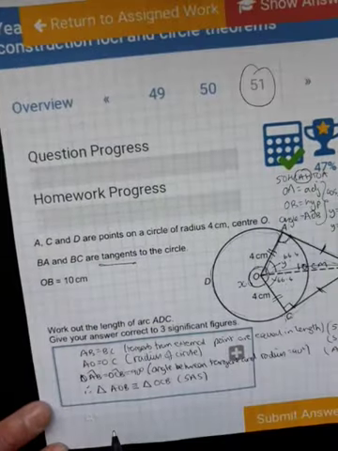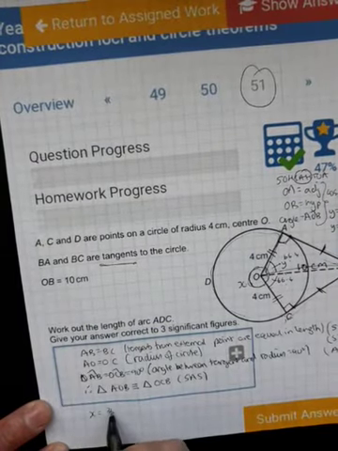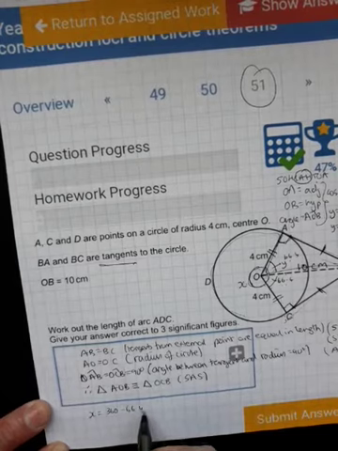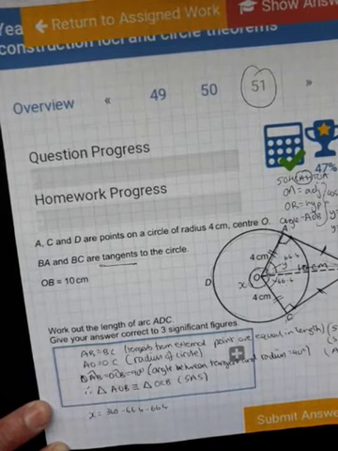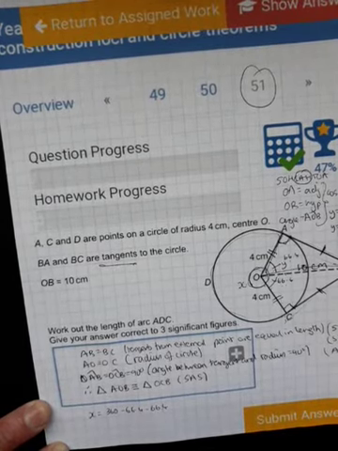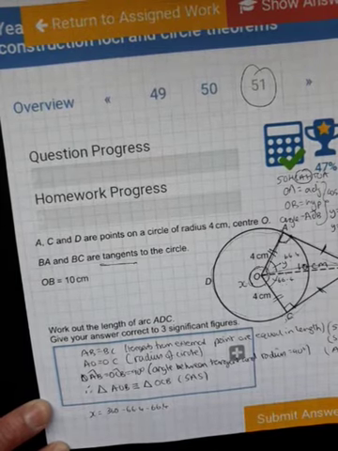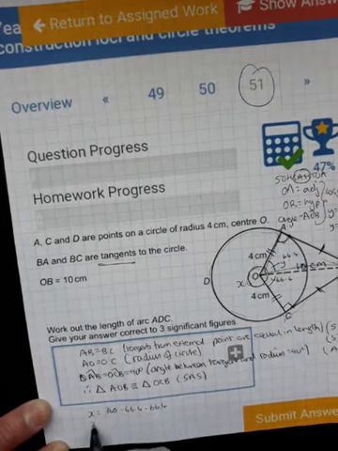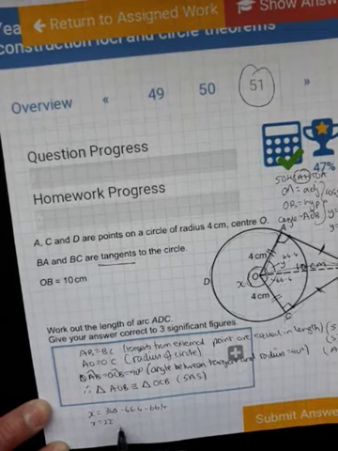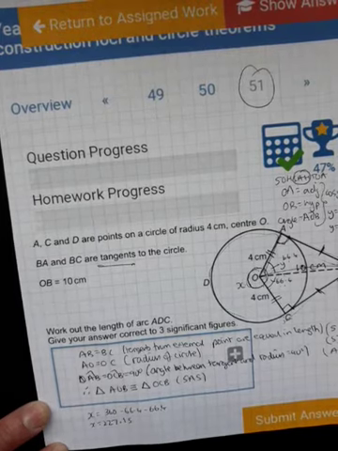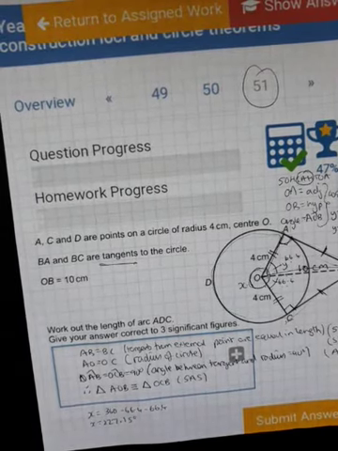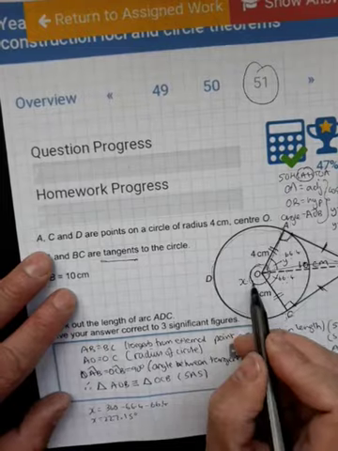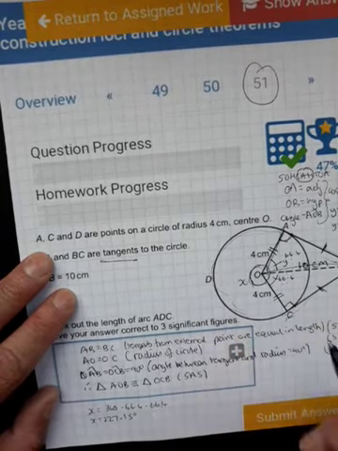So let's write this down here. x is 360 minus 66.4 minus 66.4. I'm getting 227.15 degrees.